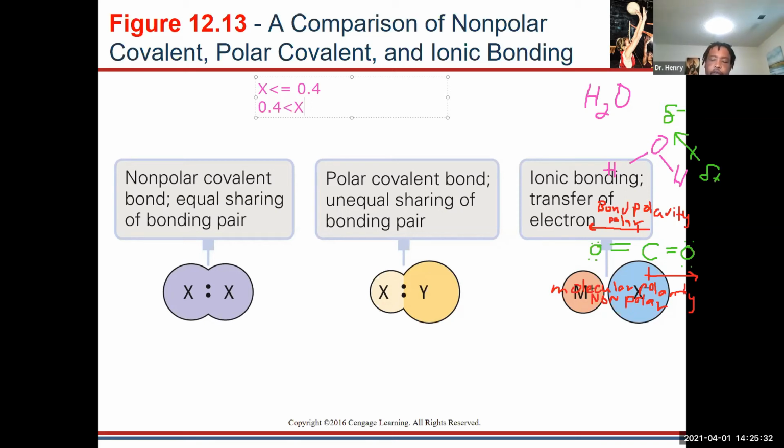X is greater than 0.4 but less than 1.8, this is polar. And if X is greater than or equal to 1.8, this is going to be ionic or ionic character.